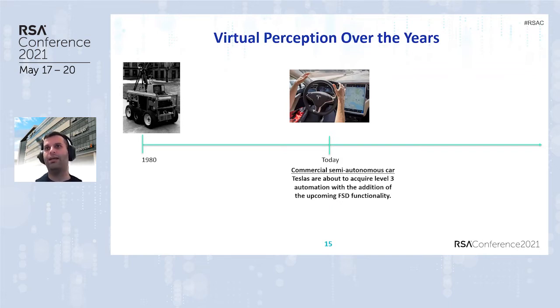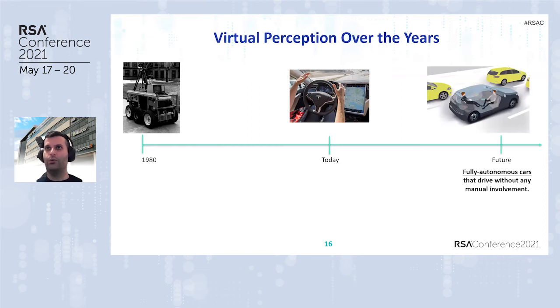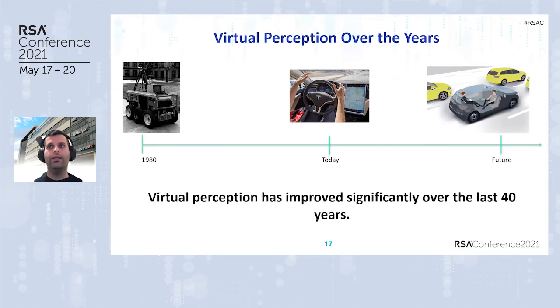Teslas are about to acquire level 3 capabilities with the upcoming full self-driving functionality. And somewhere in the future, we are about to see fully autonomous cars that drive without any manual involvement. I think you will agree with me that virtual perception has improved significantly over the last 40 years.